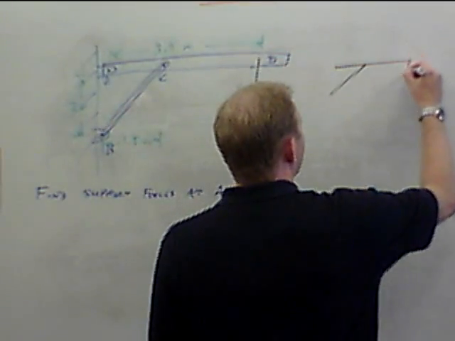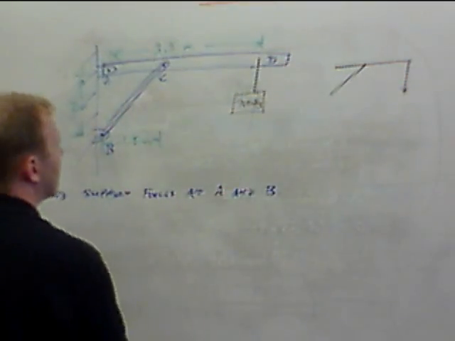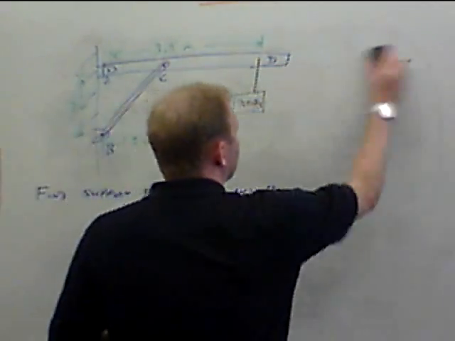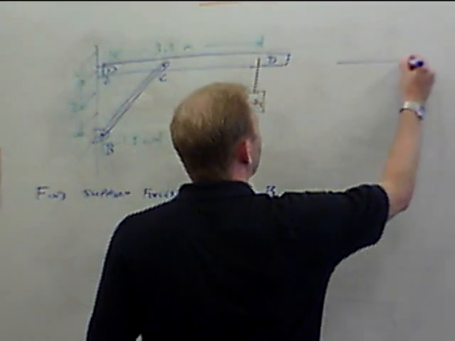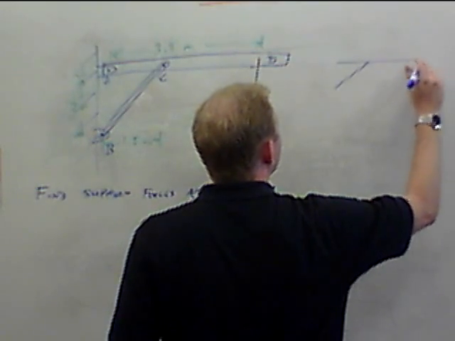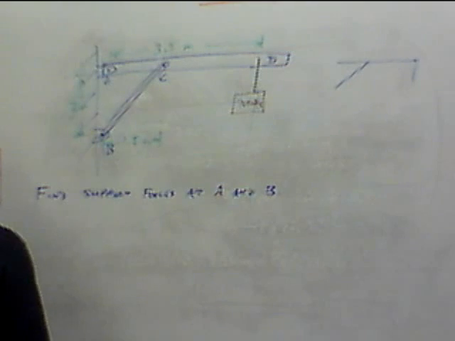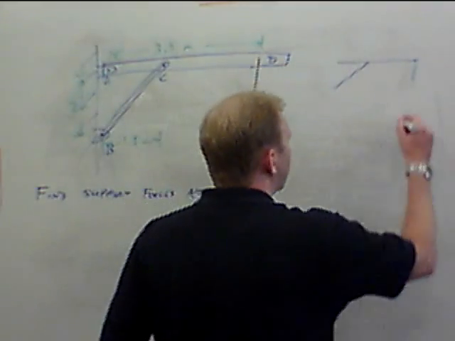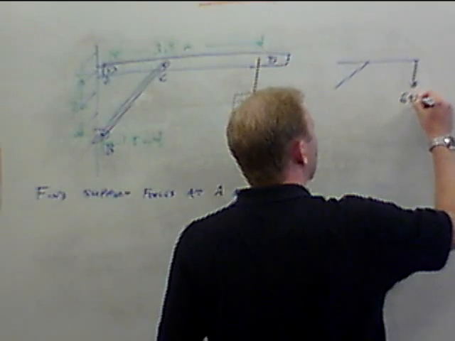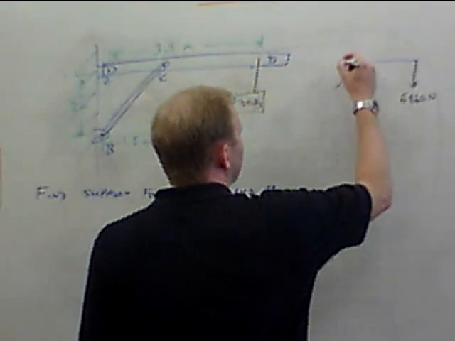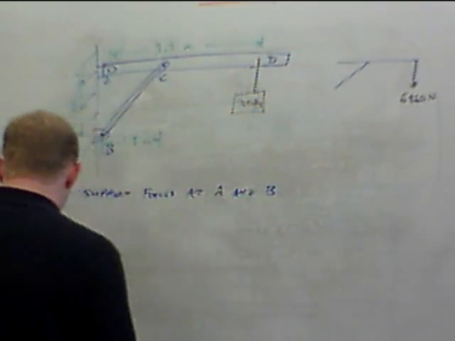We have a force over there, which is 700 times 9.8, which is 6860 newtons. We have forces acting at A.